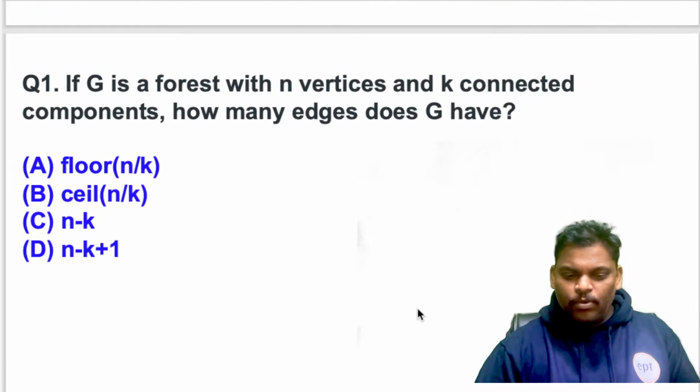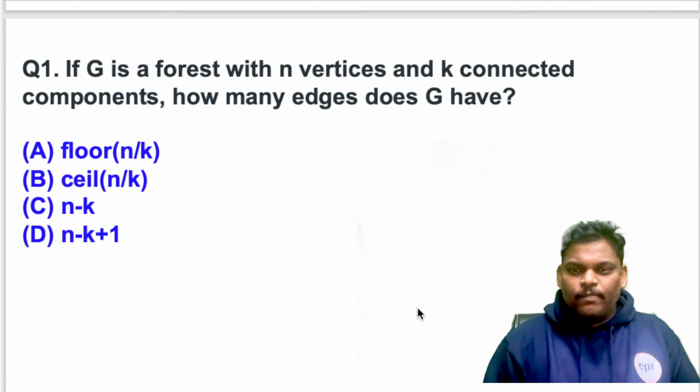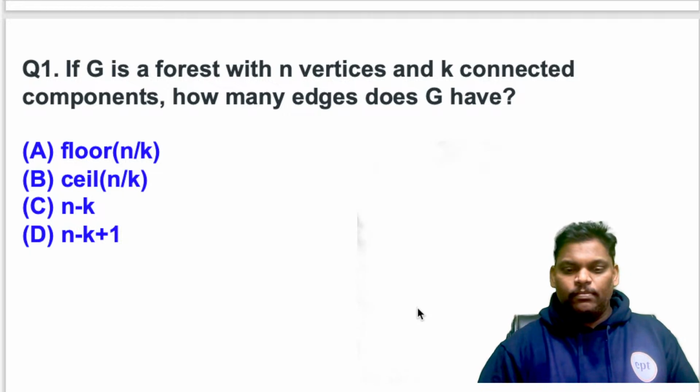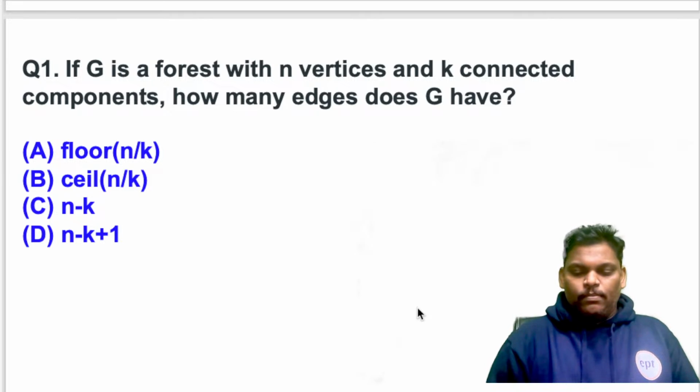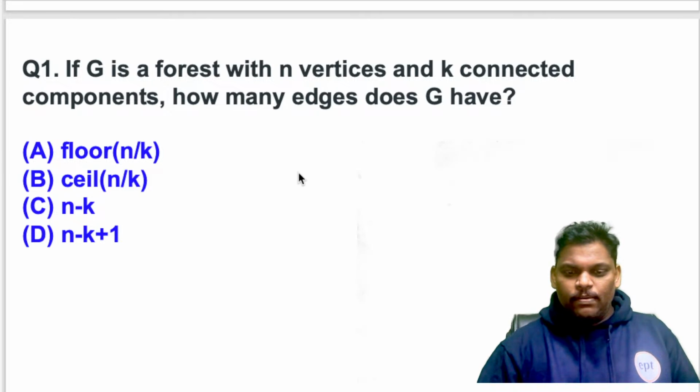It is the first problem. Can you go ahead? Yeah, now check. What is the answer?